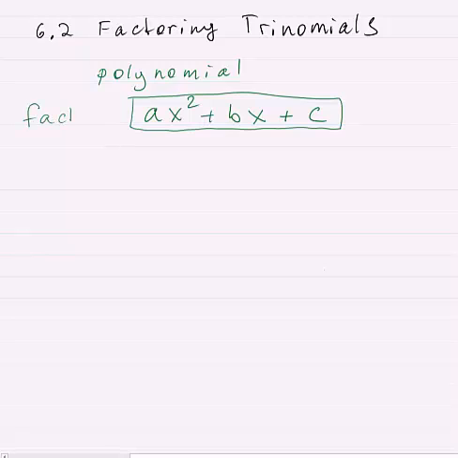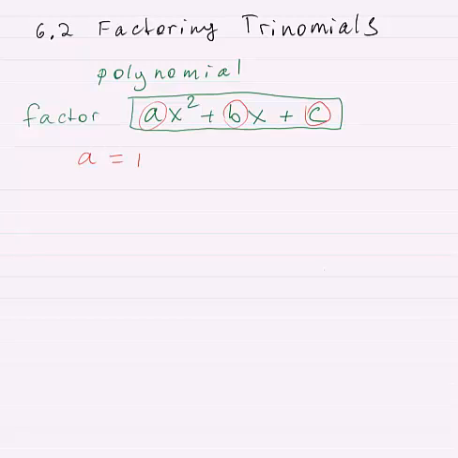And remember, to factor means to write this as a product of two or more things. In this section, I would like to discuss only one specific case of factoring, and that's when a equals 1. In this polynomial, a, b, and c stand for numbers that can be both positive or negative.